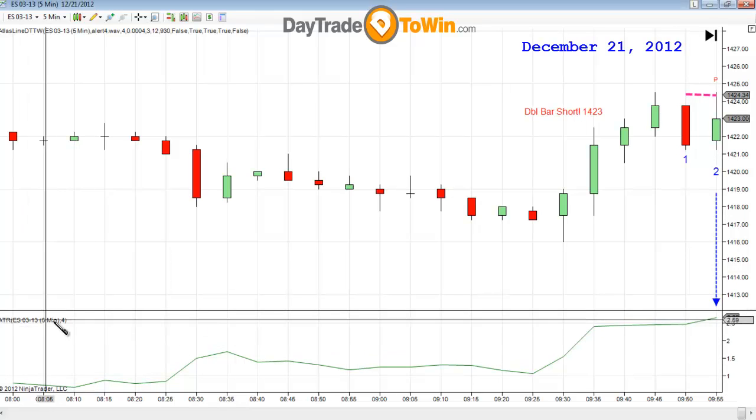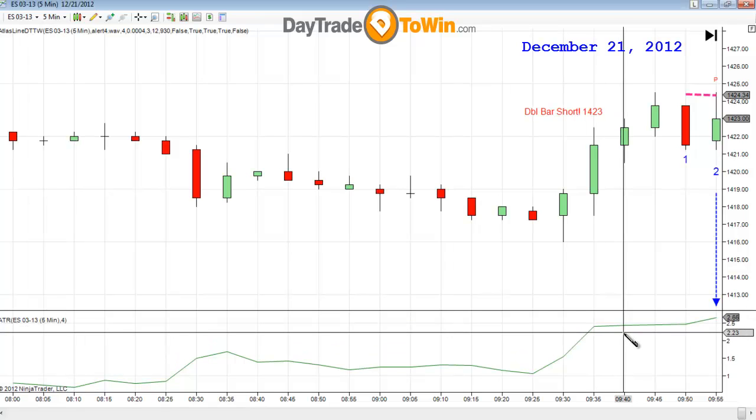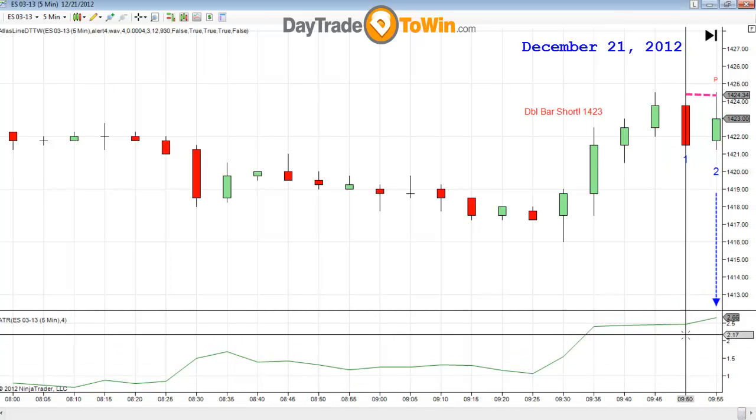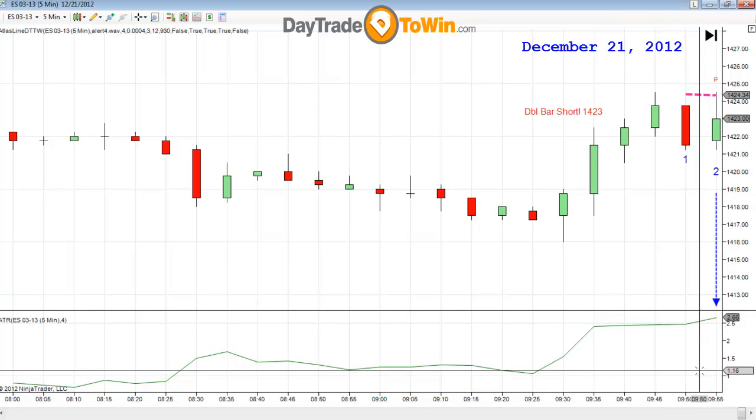Remember, I'm using a setting of 4 on the ATR. The last 4 bars, the last 20 minutes, the most recent market conditions I want to reference. If this ATR begins to get smaller, I'm going to adjust the profit target to less and less and less, okay?